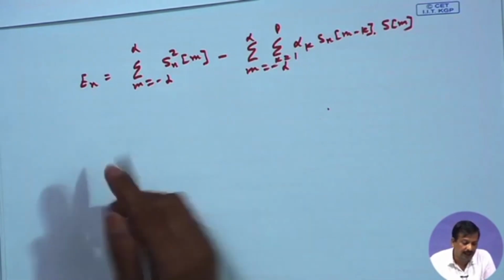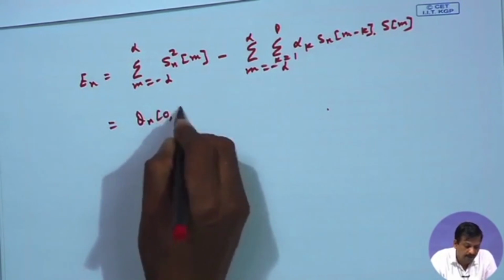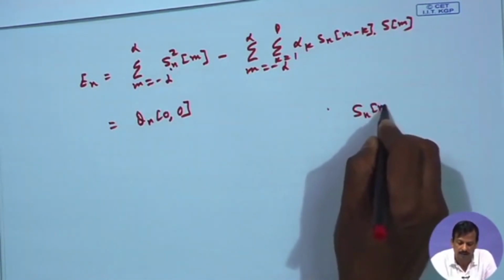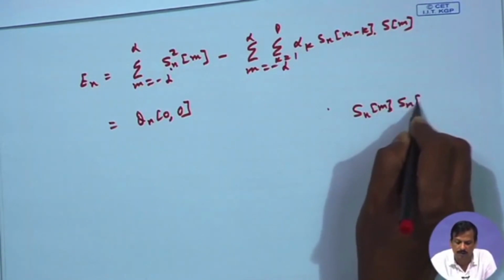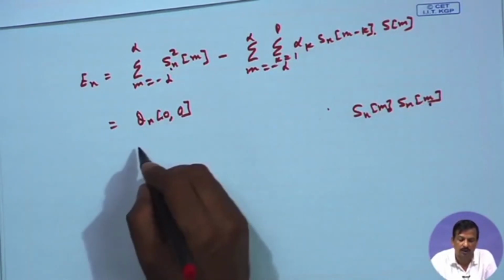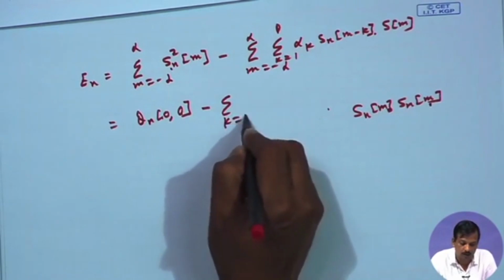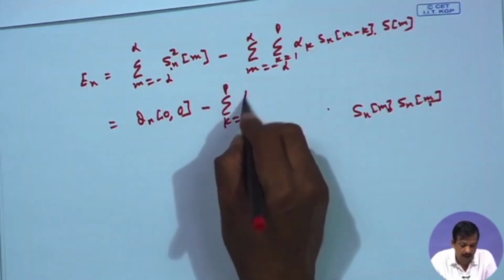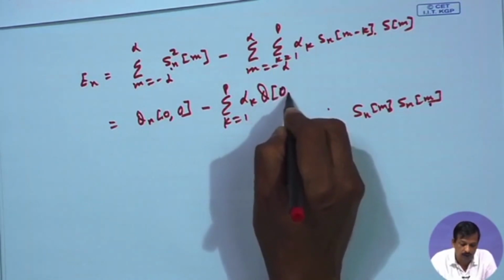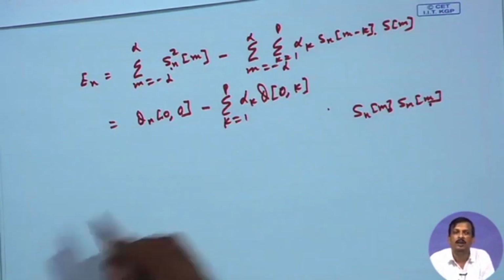It is nothing but phi n of 0 0, since s n square means s n of m into s n of m, so i and k both are 0, minus the sum over k equal to 1 to p of alpha k phi of 0 k, where i is 0 and k is there.